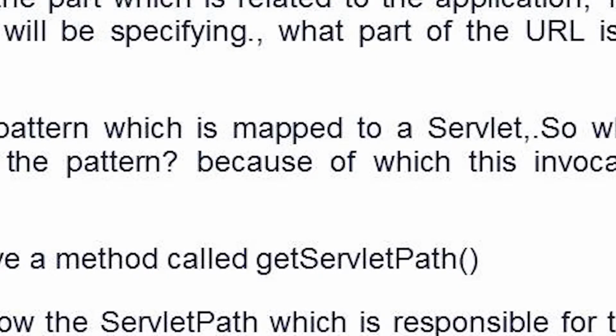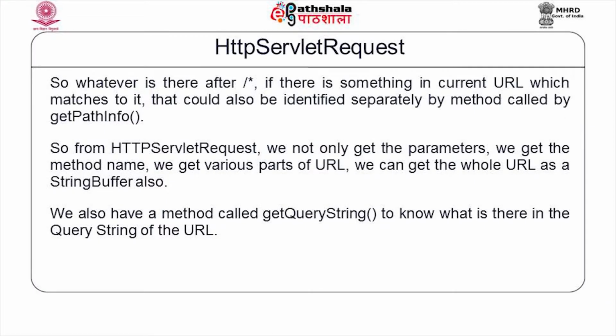And then after the servlet, for example if you have that wildcard, you would have /* at the end. Whatever is after the /* part, if there is something in the current URL which matches it, that could also be identified separately by get path info. Get path info is the additional part available to us.